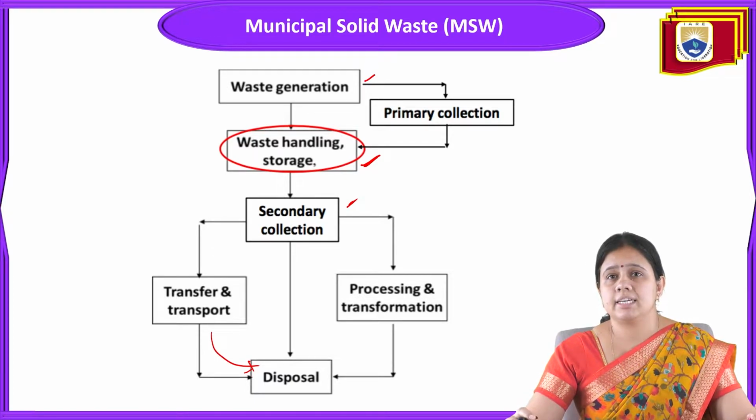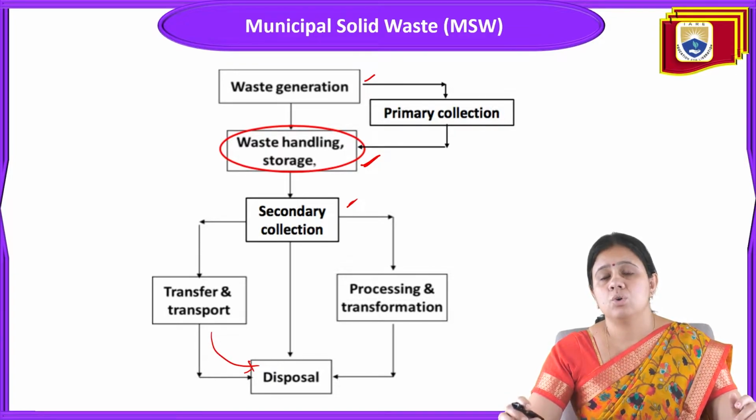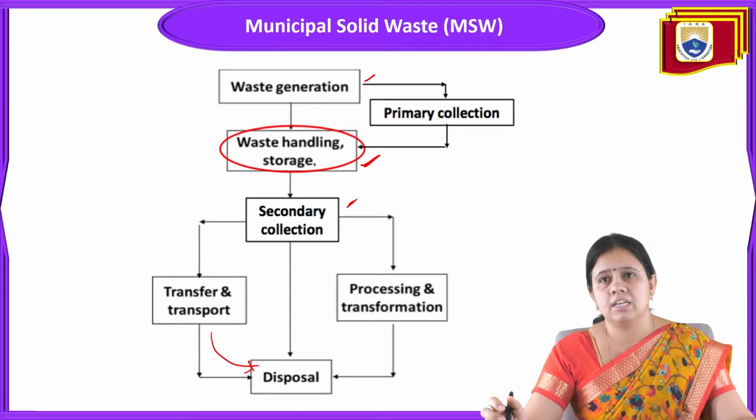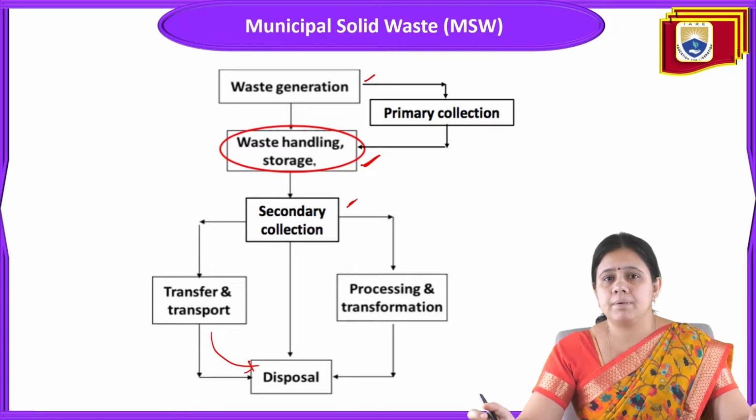Sometimes the secondary collection goes directly to the disposal site. This is the basic main flow chart involved in integrated municipal solid waste management. It starts with the generation, and after that the primary collection of waste at the owner's house, and then its handling and storage.